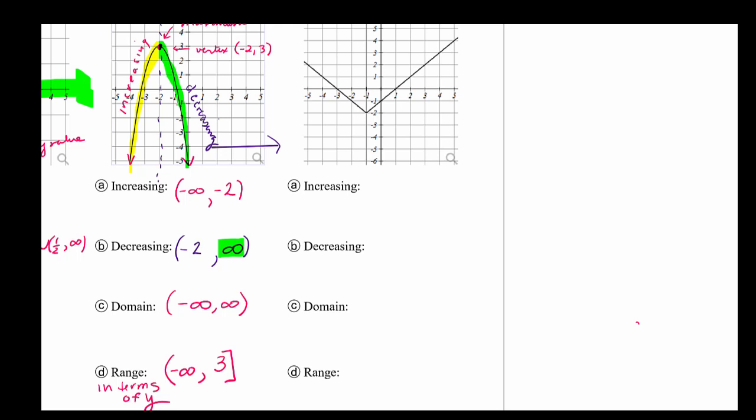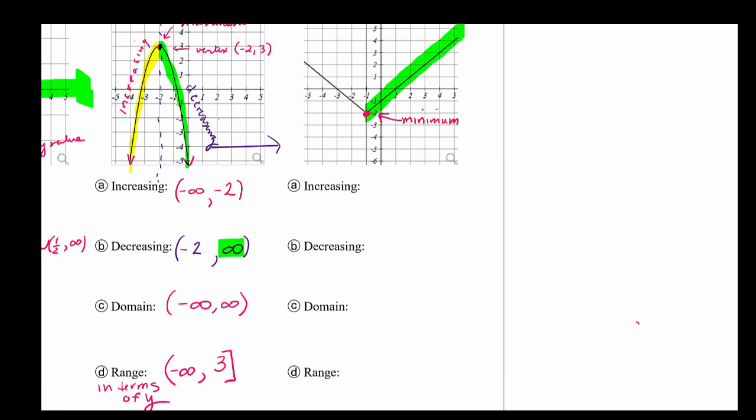Okay, how are you doing with that? Let's do one more example. This example 3 here, this is called an absolute value function. This is the graph of an absolute value function. So let's take a look at where this function is increasing, and it is increasing on the right-hand side here, right? It's got a minimum, so it's got a lowest point right there.